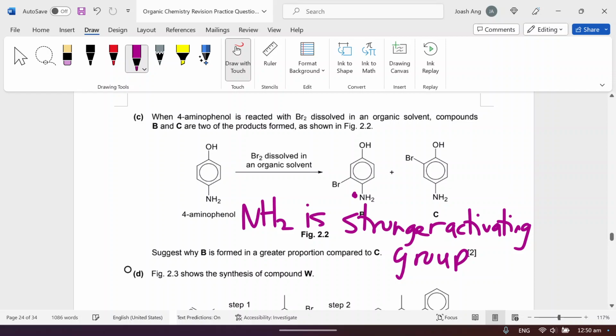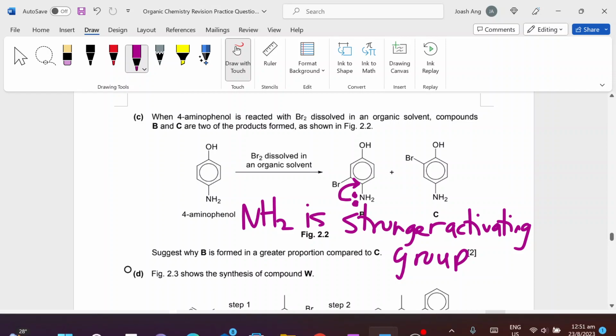So I repeat that again. Basically, this lone pair of nitrogen will more readily be delocalized compared to the lone pair on oxygen, and that is because nitrogen is less electronegative than oxygen and withdraws electron density to a smaller extent compared to oxygen.